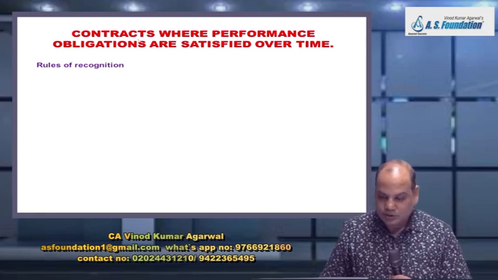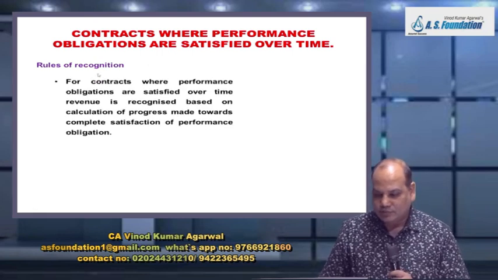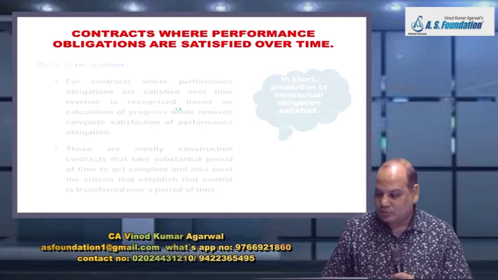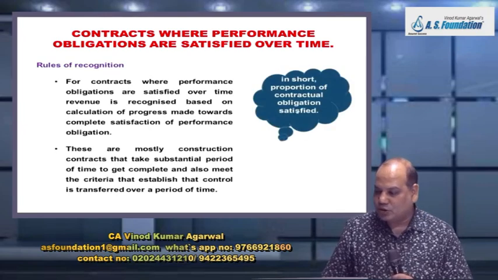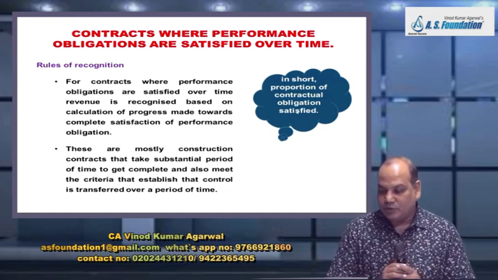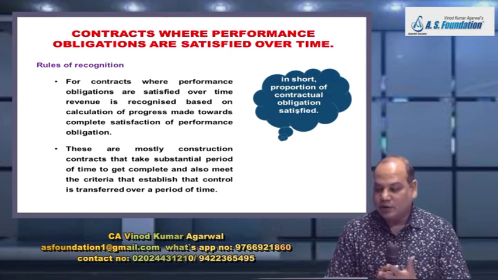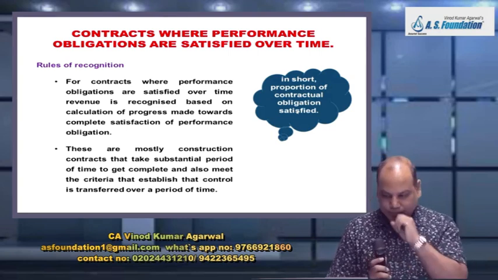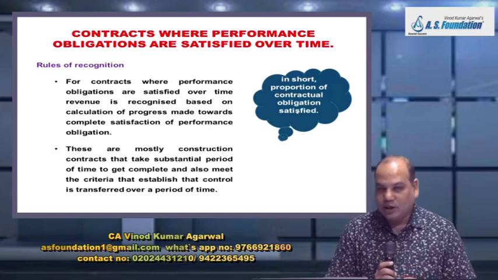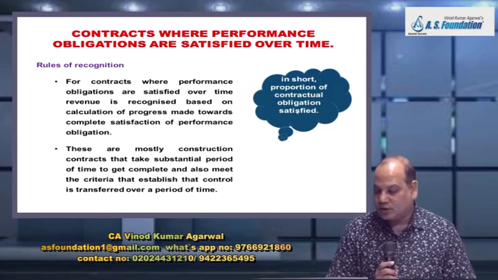Now, next is contracts where performance obligations are satisfied over a period of time. So, what is the rule of recognition? If you don't want to read that whole paragraph, one line, it should be based on proportion of contractual obligation satisfied. For contracts where performance obligations are satisfied over time, revenue is recognized based on calculation of progress made towards complete satisfaction of performance obligation.